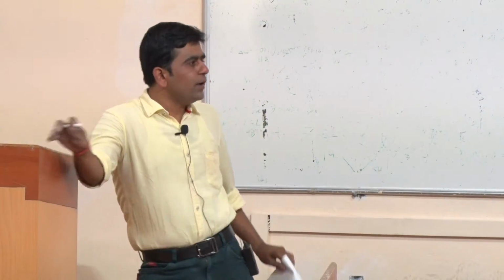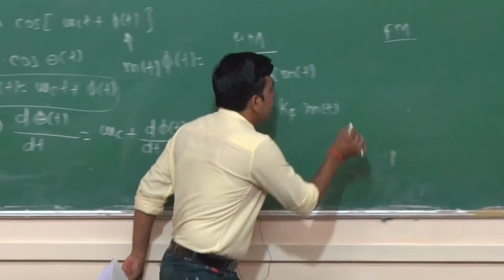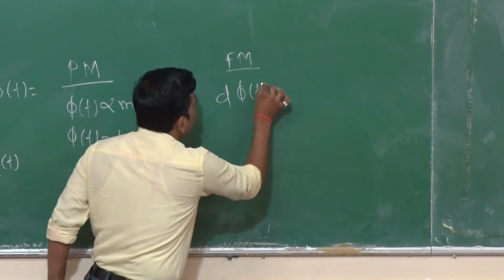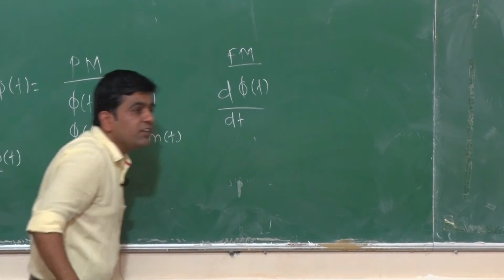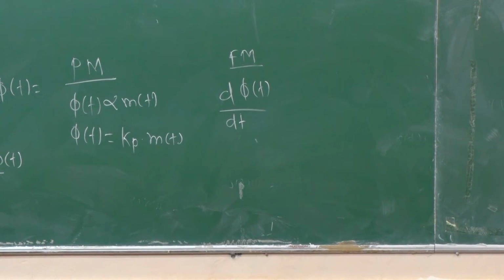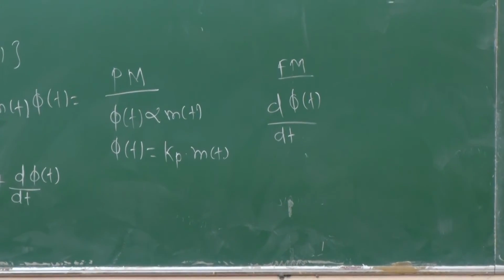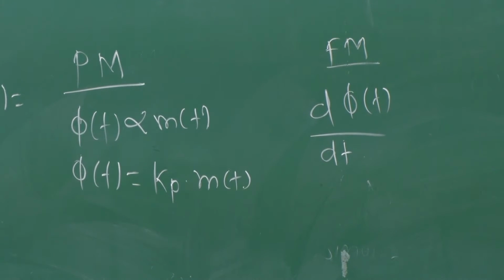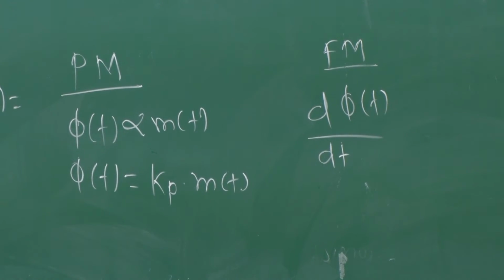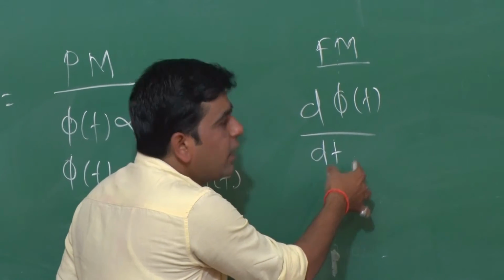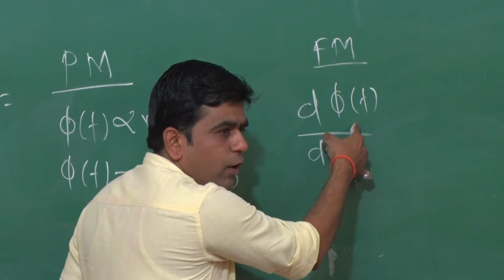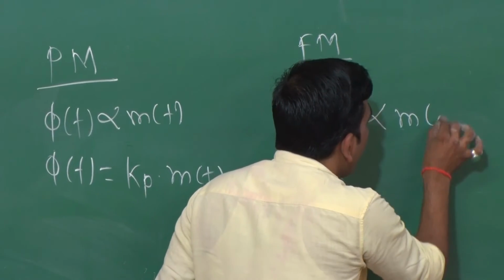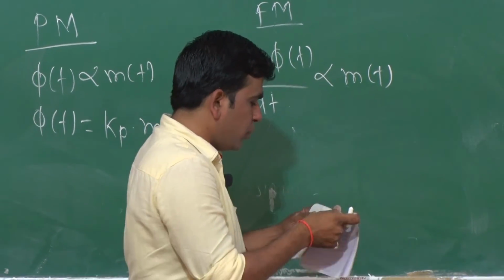So here the derivative of this phi of t is nothing but instantaneous frequency deviation, means small change in your frequency. Small change in your frequency is proportional to message signal m of t. So the derivative of phase deviation phi of t is proportional to m of t.